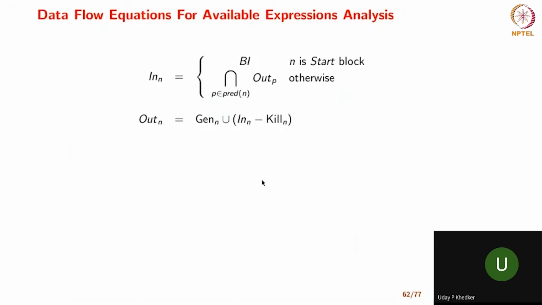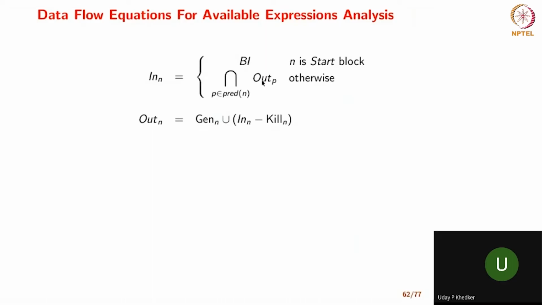Once again, we define in and out. So how do we define in? Now, we say that at the start, the set of available expressions is what is given by the boundary information. At some other node n, the set of available expressions is an intersection of the available expressions at the exit of the predecessor nodes. So two differences. A, we now perform intersection.